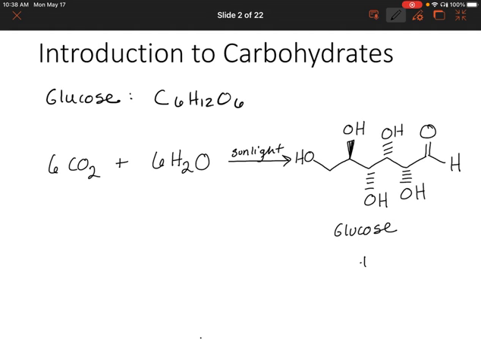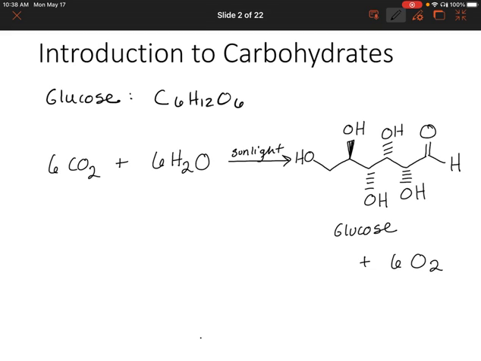And we'll also produce 6 oxygen molecules. So this needs a lot of energy in order to work, which is why we have sunlight, and sunlight provides that energy to create our carbohydrates and oxygen.